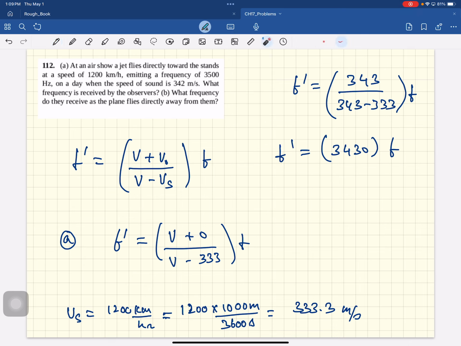The frequency you hear is 34.3 times greater than the frequency emitted. All right. So this is 34.3 times 3,500 hertz.